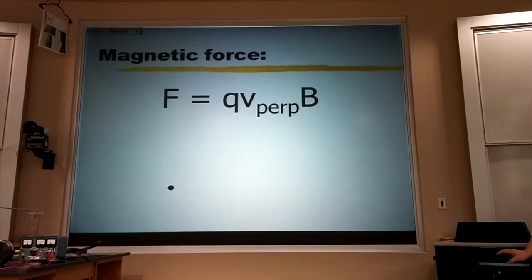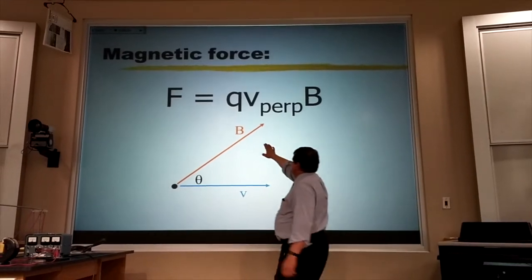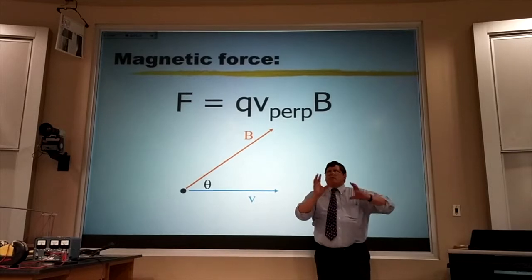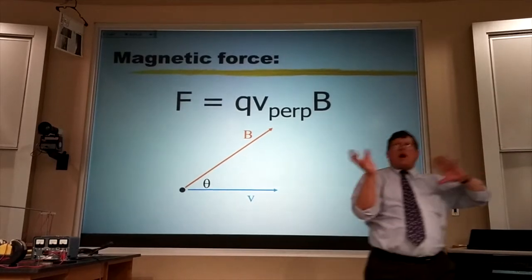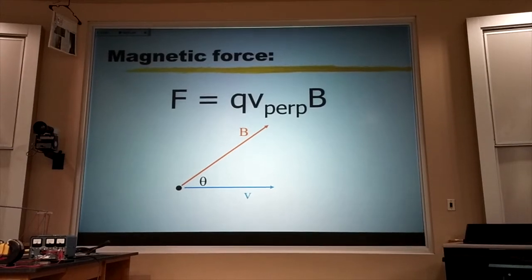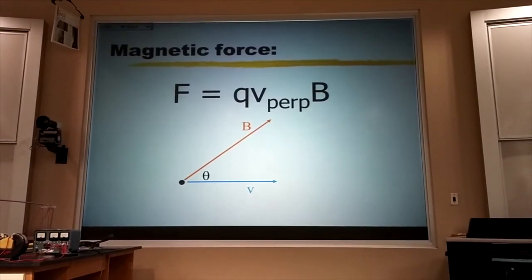Now, it's that V perp that I want to look at for a moment. If that's my magnetic field, and that's my velocity vector, we're used to breaking up vectors into x and y components. But here I'm going to rotate the coordinate system so that it's relative to the magnetic field.